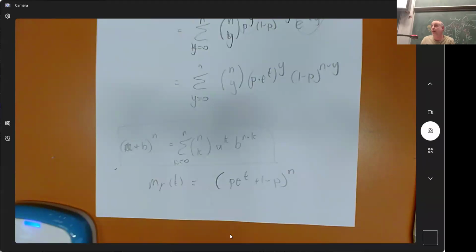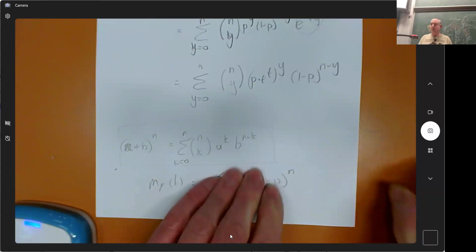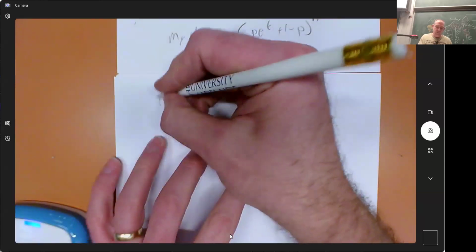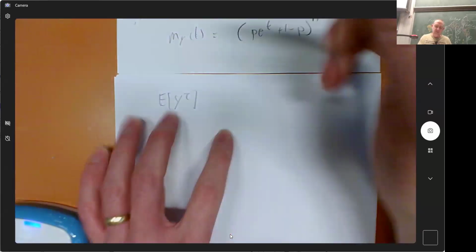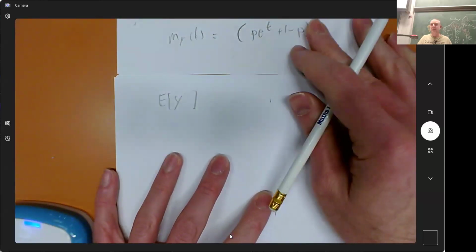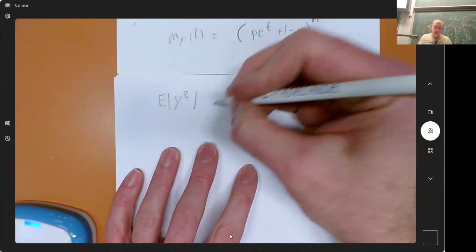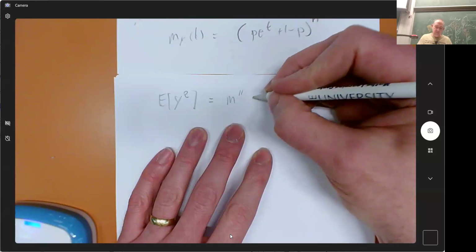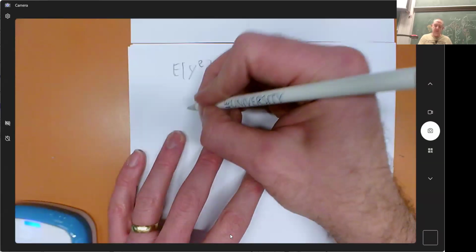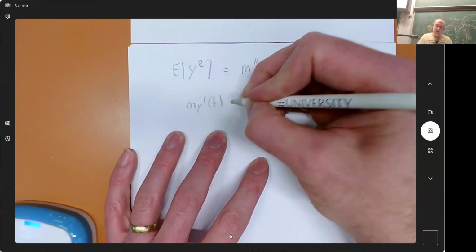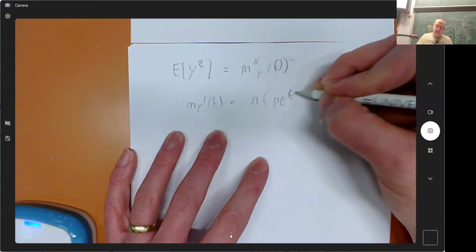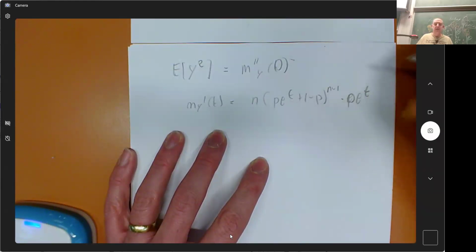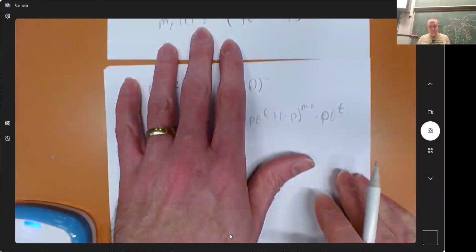And so this means that I could find the expected value of Y squared from this, just to be clear that we're using our moment generating functions correctly. The expected value of Y, we know what that is, it's np. But the expected value of Y squared is M double dash of 0. So M dash t is n times (p e to the t plus 1 minus p) to the n minus 1, times p e to the t, because of the chain rule.